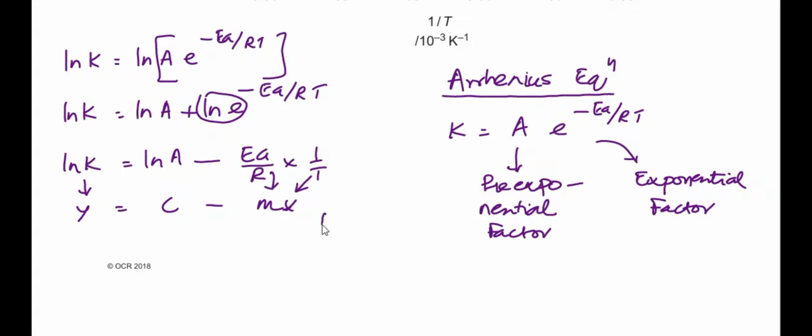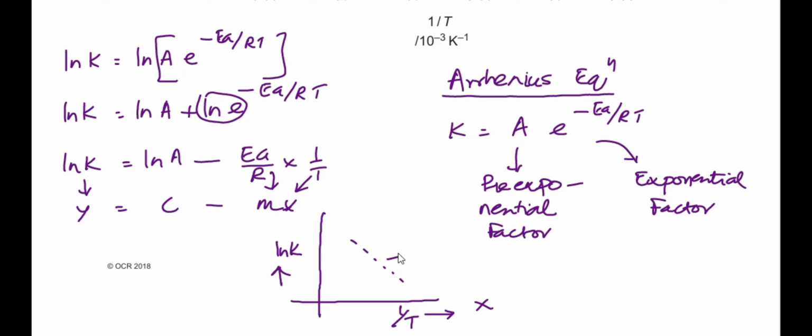So if you imagine the graph that we have seen in the question, ln K is along the y-axis, 1 over T along the x-axis, and we have got a line which is going down like this because its slope is negative, and therefore here m is equal to minus EA over R.